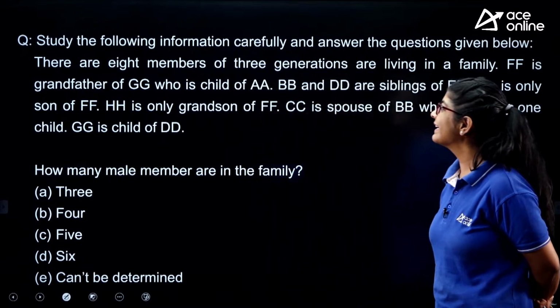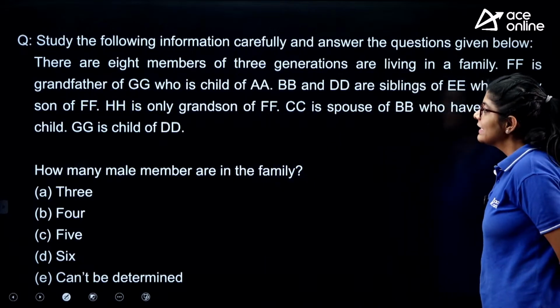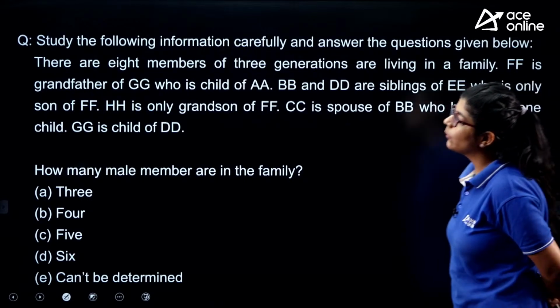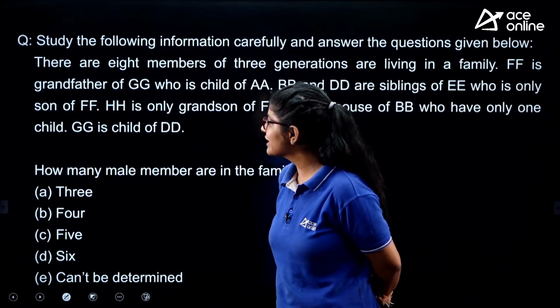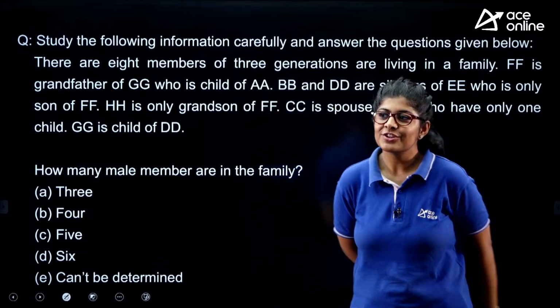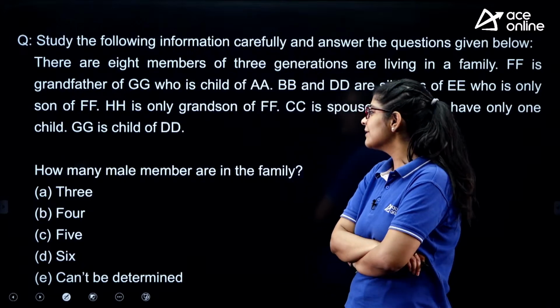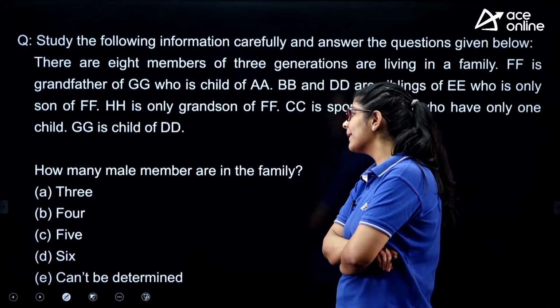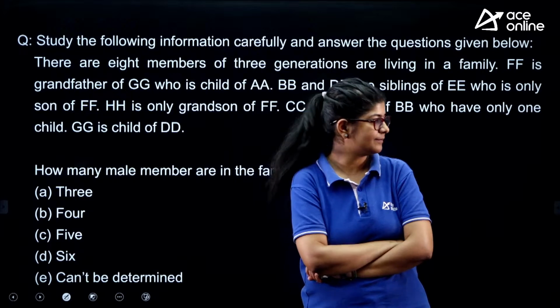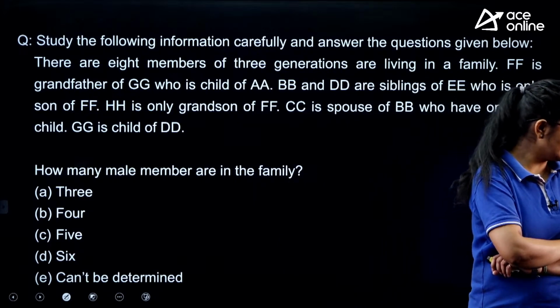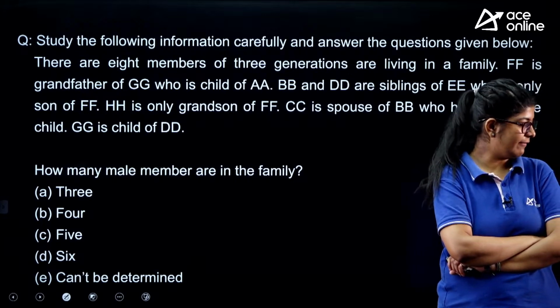HH is the only grandson of FF. CC is spouse of BB who have only one child. GG is a child of DD. So this is the data that we have, and what we have to do? We simply have to find out how many male members are in the family.